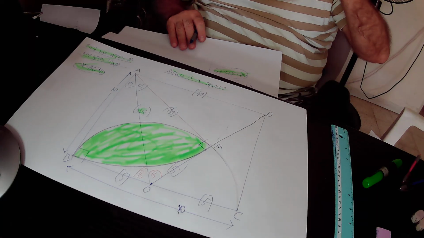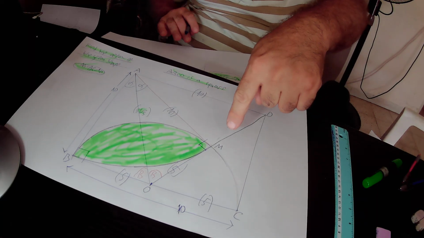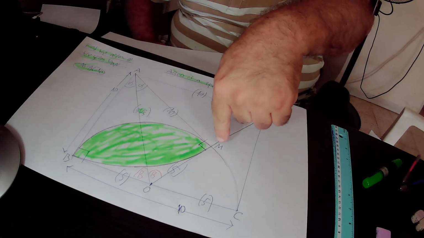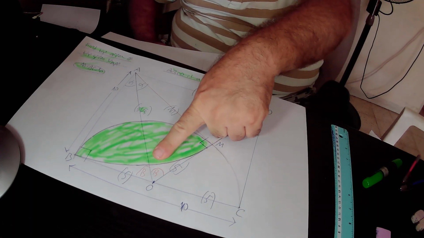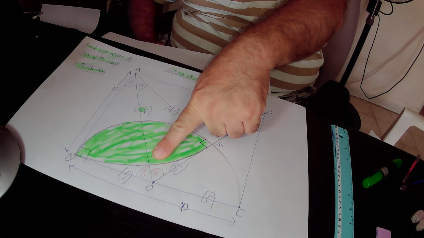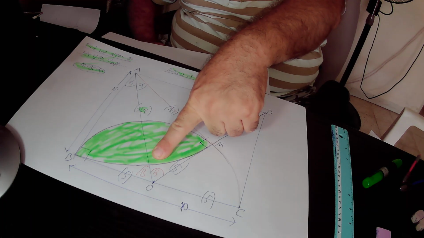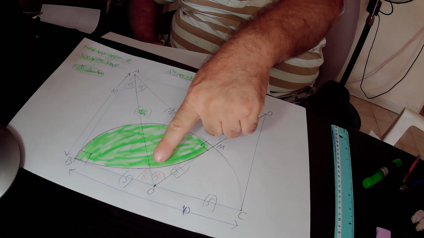And again, the big angle MOB is equal to 2 beta, and 2 beta equals 126.87 degrees in its size.